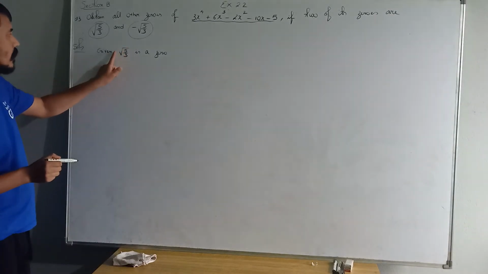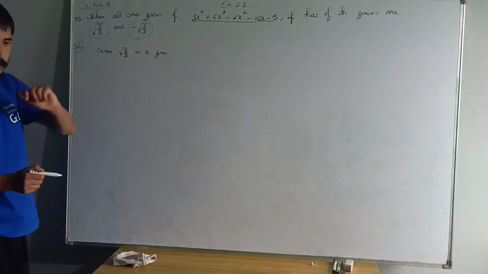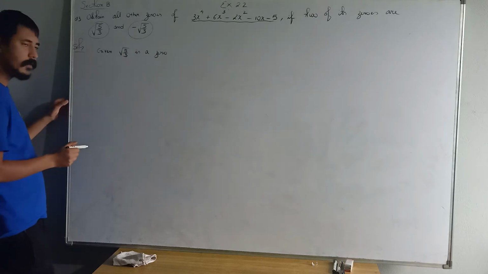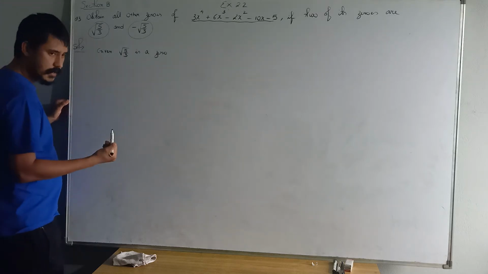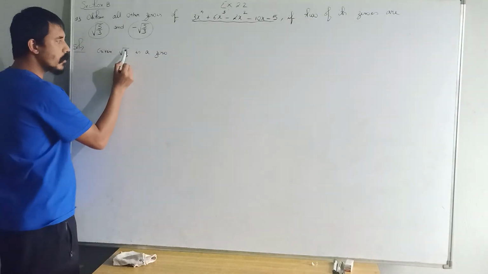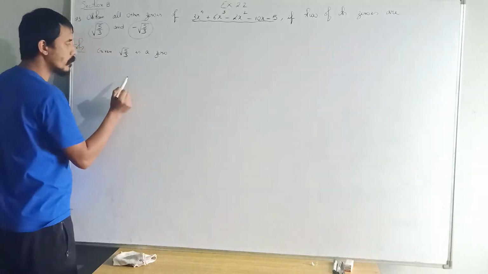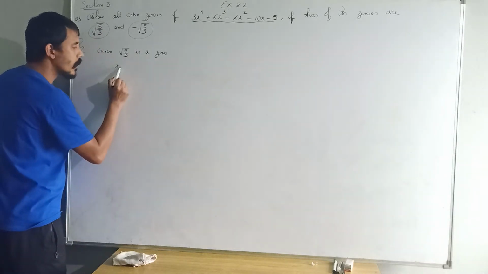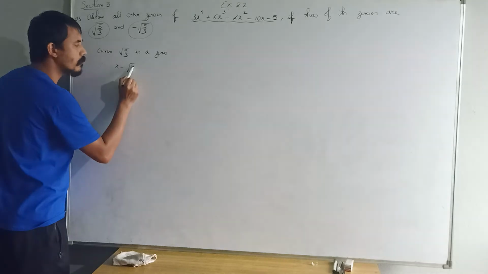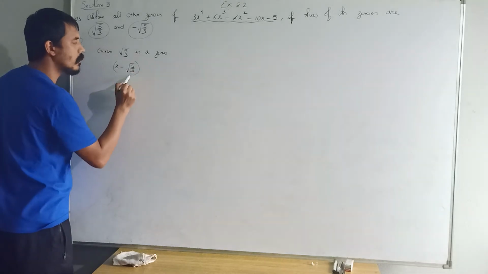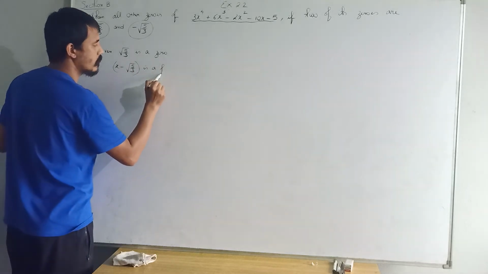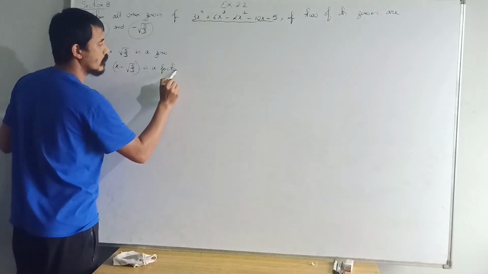Just think that this is a. A is a zero of your polynomial, so x minus a will be the factor. So x minus square root of 5 by 3 will be called as a factor of that polynomial.